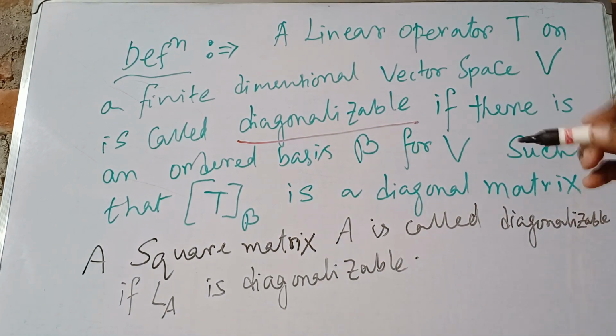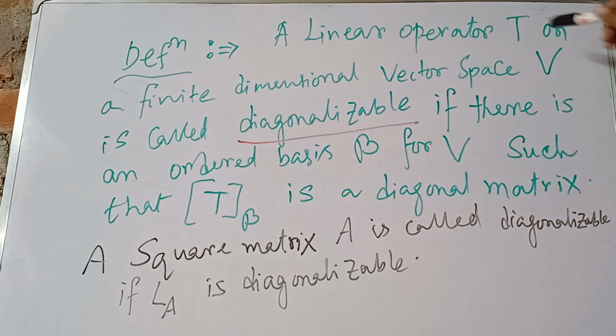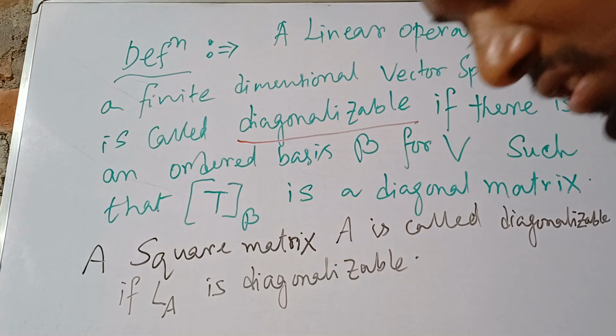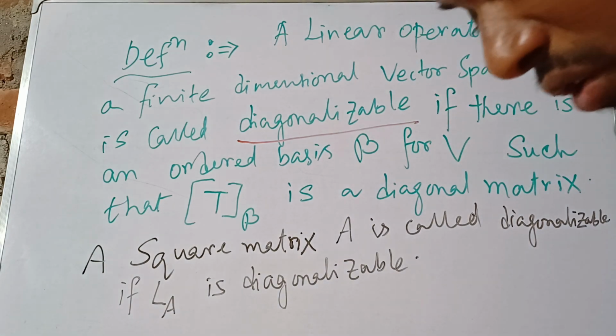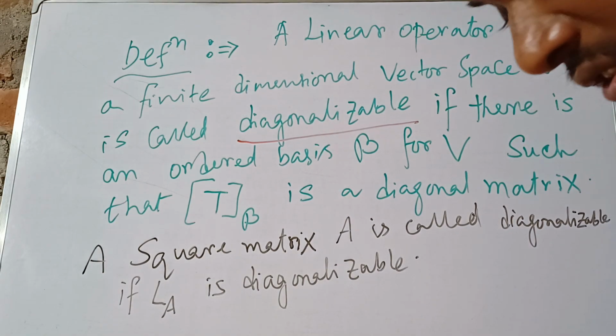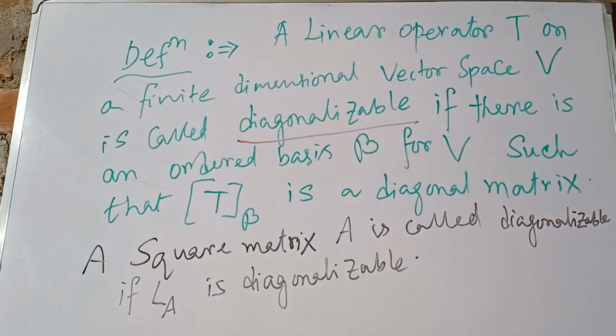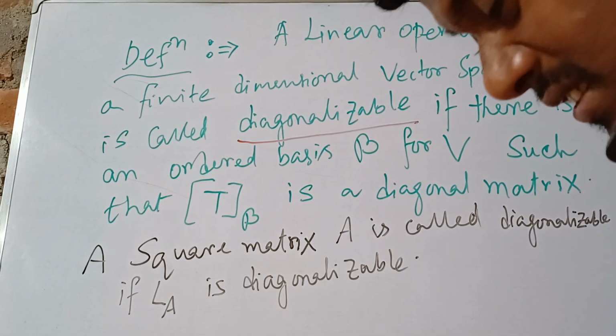That means LA, one fixed operator T here, is diagonalizable. So this is the definition of diagonalizable: one operator diagonalizable, one square matrix diagonalizable. Now we are going to discuss how we handle this, and discuss this topic now.